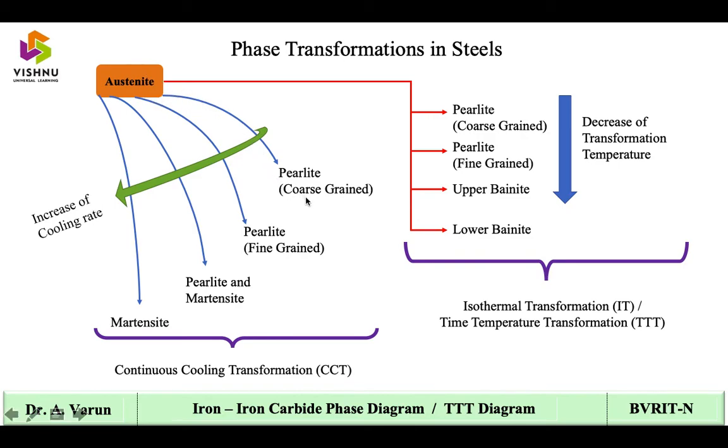So the basic difference is decreasing the transformation temperature versus increasing the cooling rate. Obviously the first is not practically possible, whereas CCT is practical, because here we increase the cooling rate by using different media.